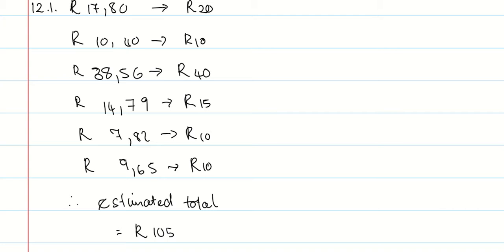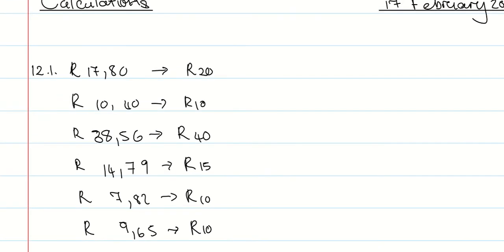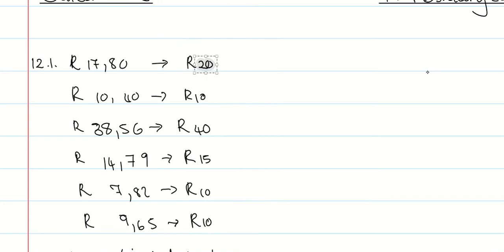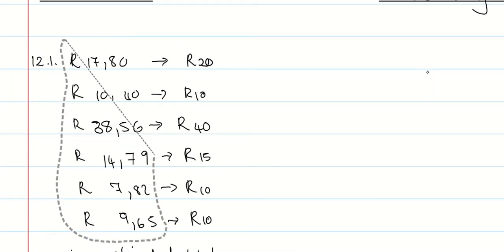Now question number 12.2. Now without the use of a calculator, round all prices to the nearest rand. Now determine the estimated total. I'm not going to rewrite it, I'm just going to do a quick shift of the numbers. But you guys, you are going to write it out.